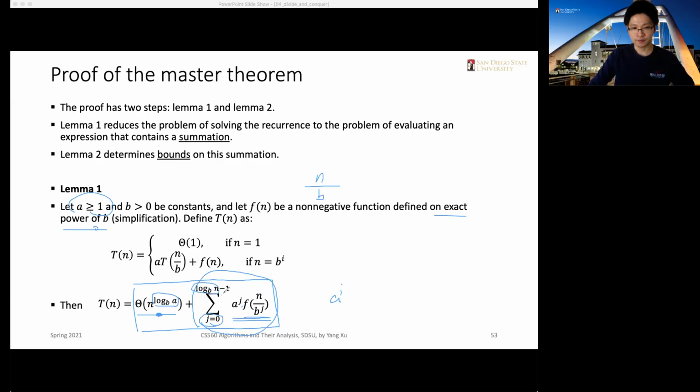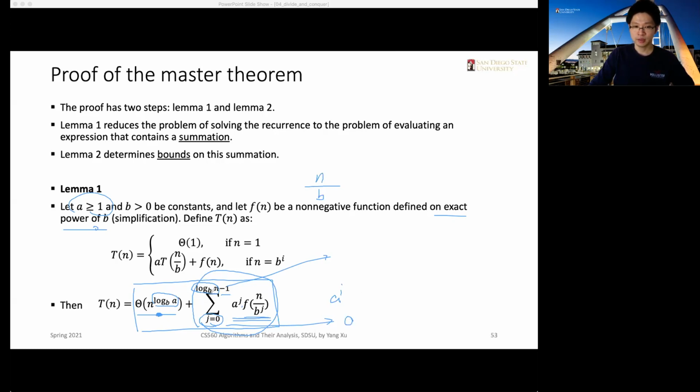I hope this range reminds you of some properties of the recursion tree. When we drew the recursion trees in the previous lectures, we called the top level, the root node, depth 0, right?